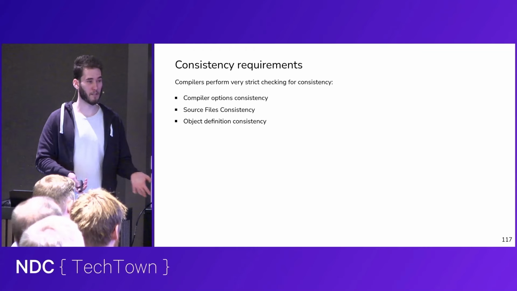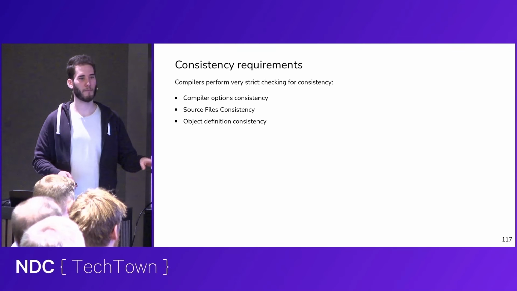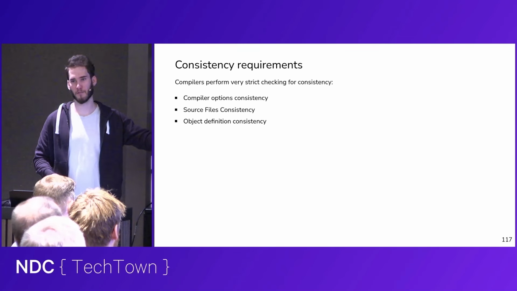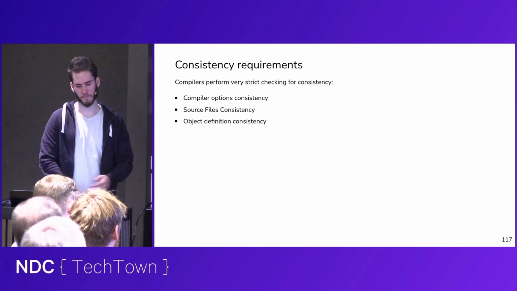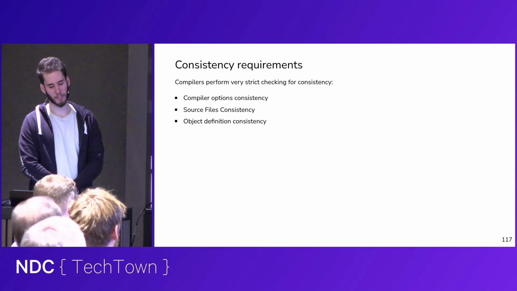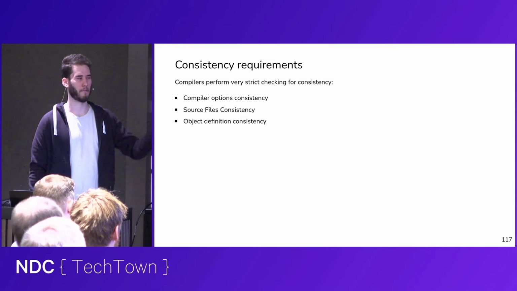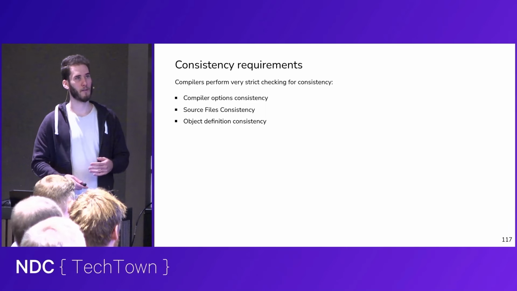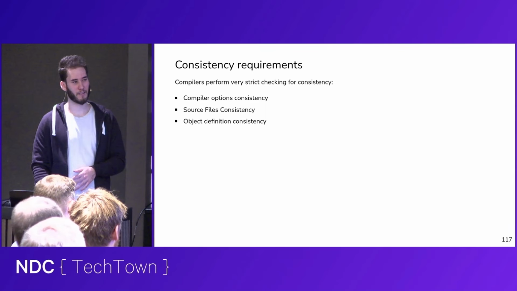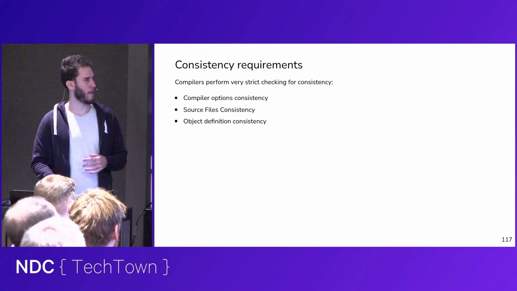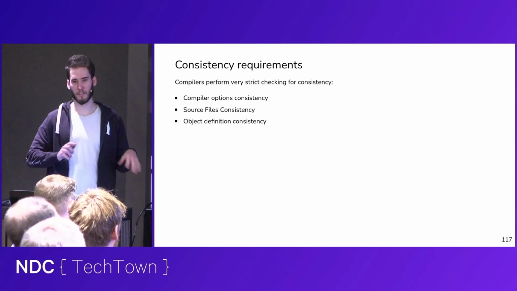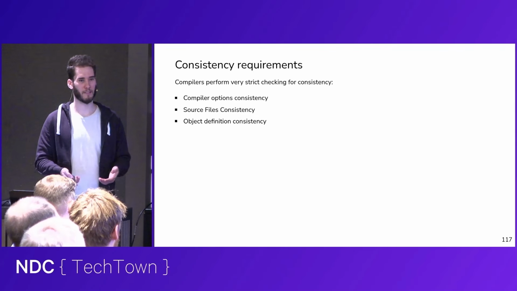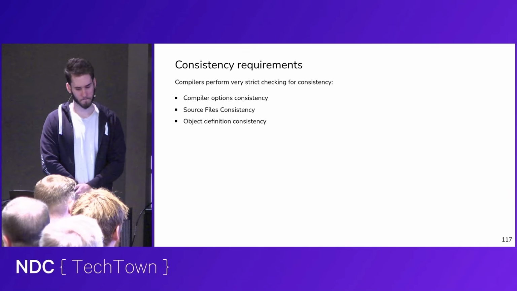Or you can just embed that source code together, so you cannot just build something and ship that built interface to a user that you don't want to have access to your source code. You also have object definition consistency, but that's actually a good thing, because it's a semantic import mechanism at the compiler level, so it can check across different translation units if there's something duplicated or something like this that might cause a problem in the linker stage.